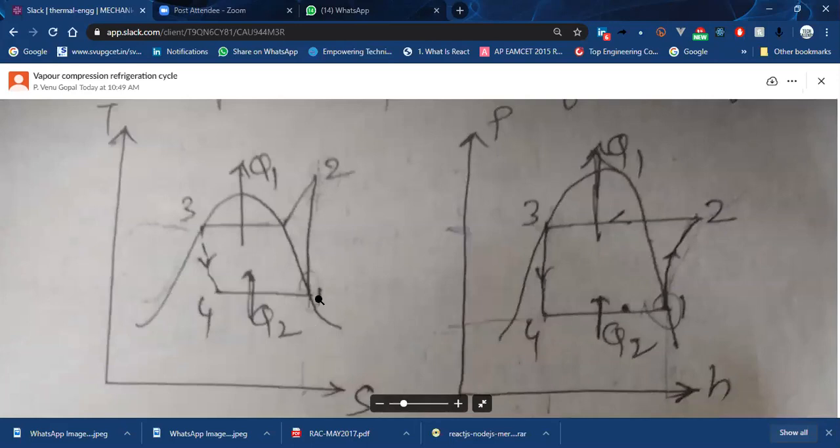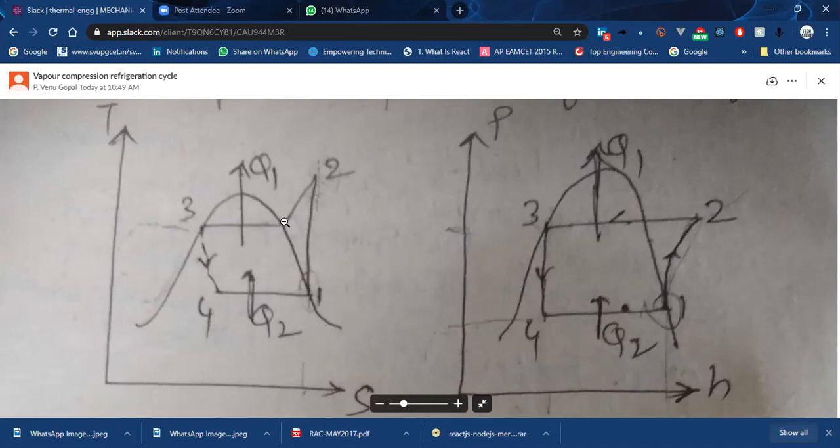So here you can see 1 to 2 is compression, and once compression happens, obviously the temperature will increase, right? So T2 will be very high. From there 2 to 3 is the condensation process. So it will start becoming liquid. So you can see this dry saturated curve. We already discussed this in the third unit, dry saturation curve.